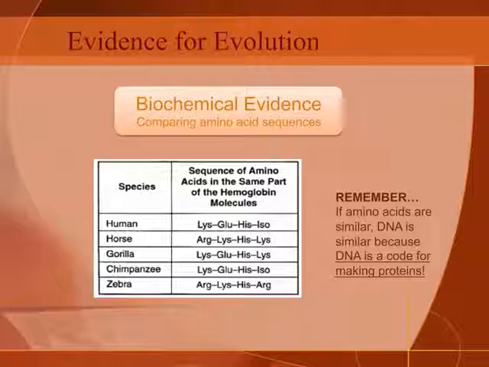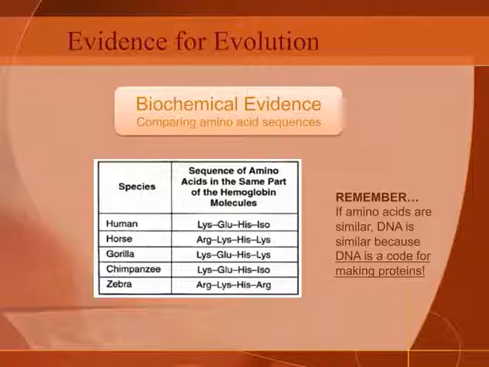And if you will recall, amino acids are coded for by the DNA. Therefore, if the amino acids are similar, the DNA is similar. So look at the human, the amino acid sequence, lysine, glutamine, histidine, and isoleucine, which is exactly the same as the sequence for the chimpanzee.